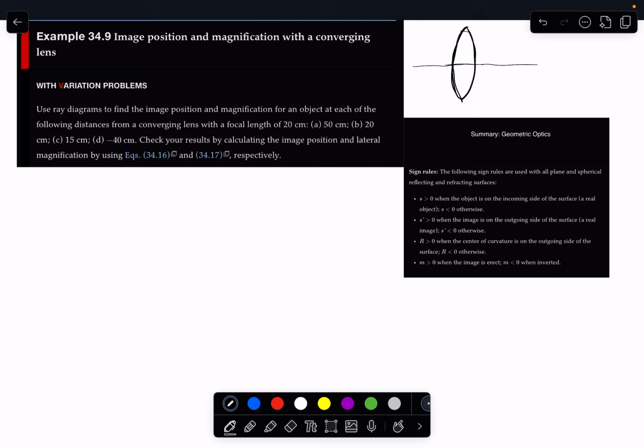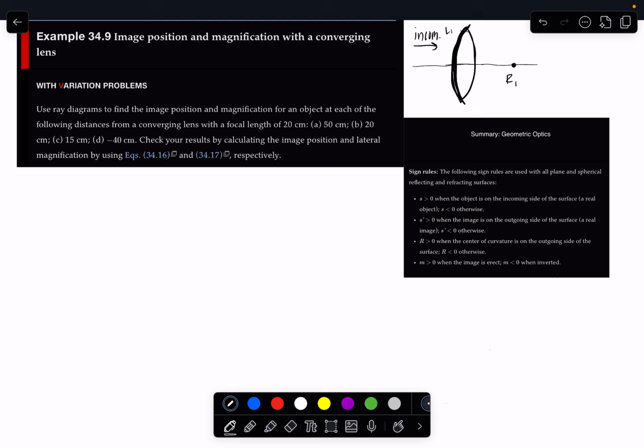If this is the first side of it, lens one, and the ray is incoming on the left, the radius of curvature of this left lens, the first lens, is going to be over here, because that would be the center of the sphere that creates that lens. So we'll call that R1.